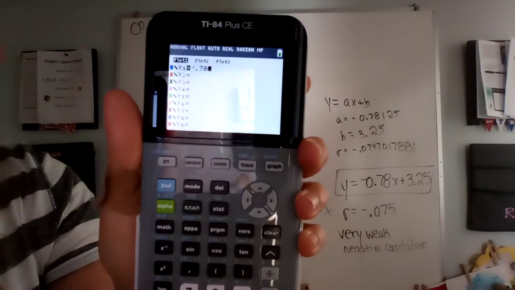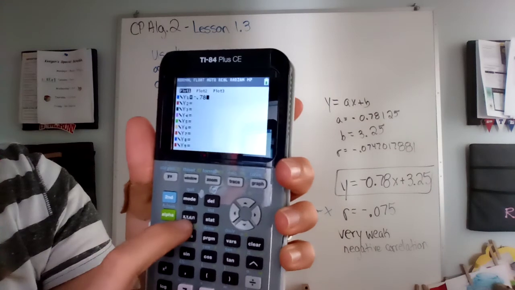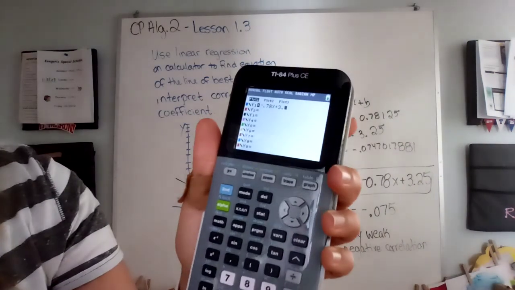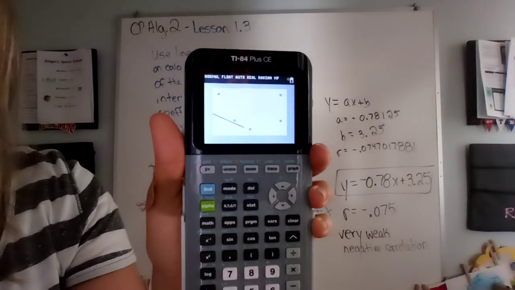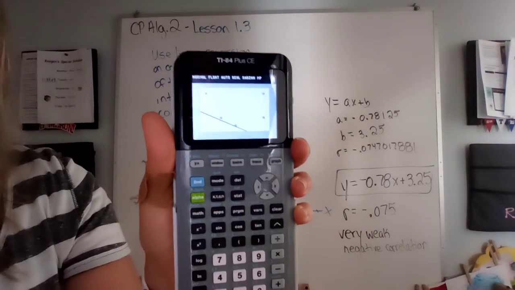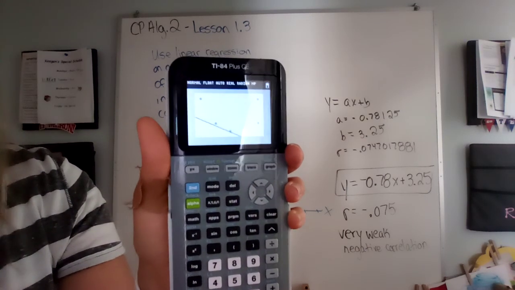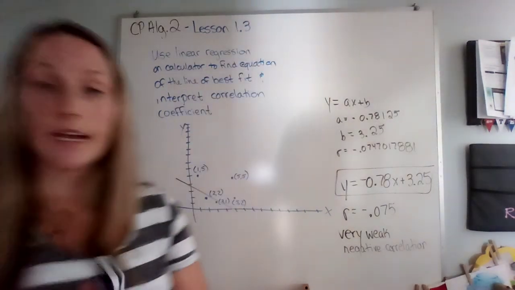Then x, to get a variable x, it's right here next to your alpha button. Then plus 3.25. Hit graph again, and you'll see your line of best fit. Remember, we said it's very weak, which you can visually see because the data points are not close to it.